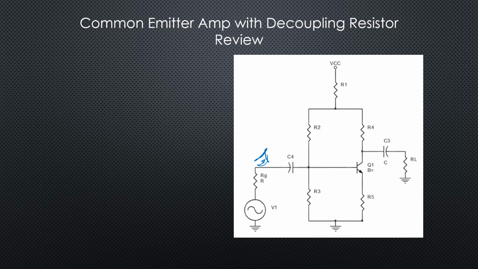I'd like to start as far away as possible. We're talking AC when we talk about Z, so these coupling caps are doing their jobs, acting like shorts. If we start as far away as we can, we've got RL in parallel with R4.